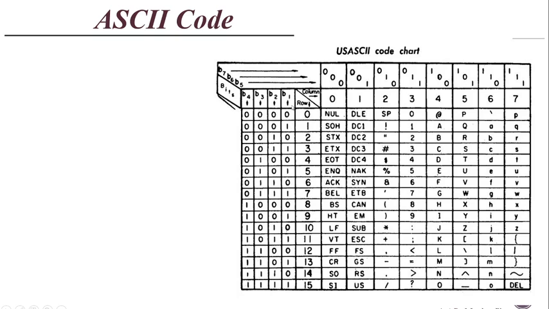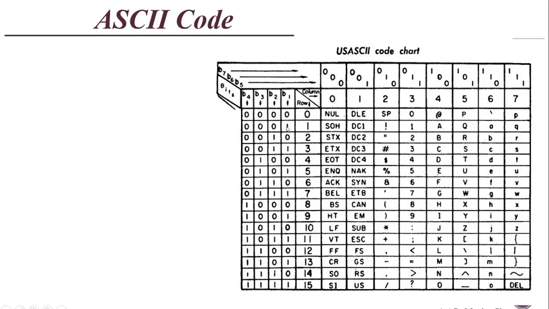Here B1, B2, B3, B4 are the LSB bits for the rows, and B5, B6, B7 represent the columns, the MSB bits. For example, if we want to represent the capital letter A, the 7-bit code is 3 bits from the column, 1, 0, 0, and 4 bits from the respective row, 0, 0, 0, 1.